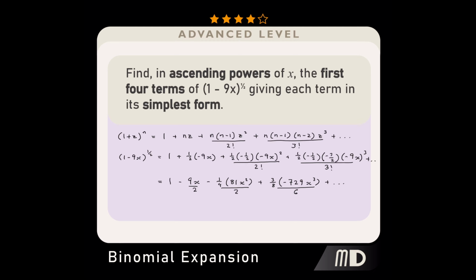which is equal to 1 minus 9x divided by 2 minus 81x squared divided by 8 minus 729x cubed divided by 16, and so on.